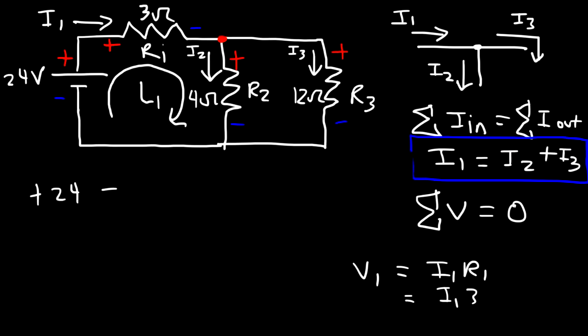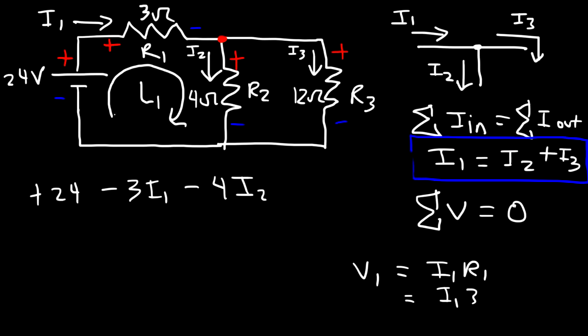So this voltage drop is simply the current times 3 ohms, which we can write as 3I1. Now, as we follow the direction of the loop, we're going through R2 towards a low potential. So that's going to be another voltage drop. And so that's going to be minus I2 times the resistance of 4. So we could say 4I2.